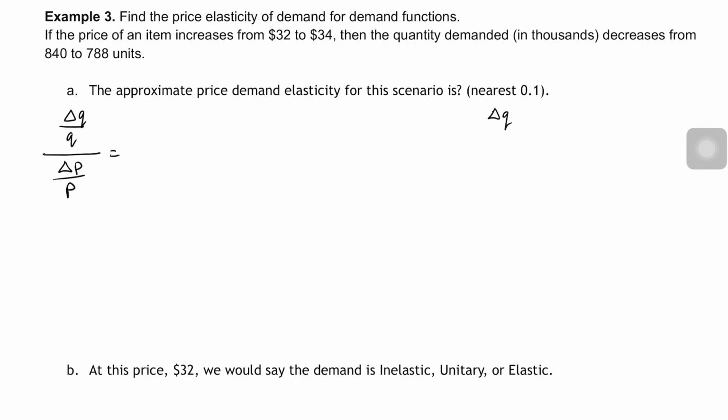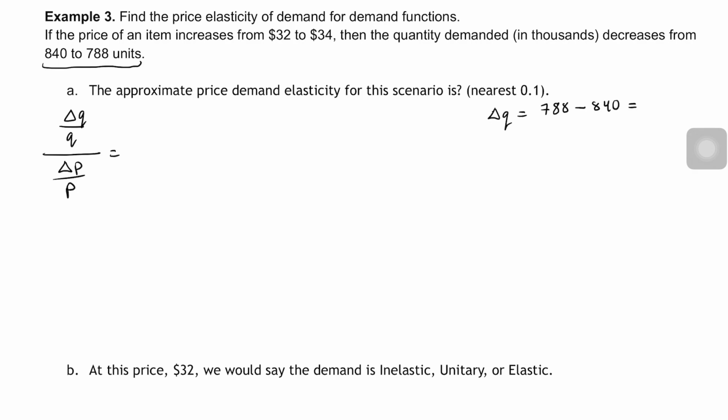What is dq? Well, dq is the change in quantity. The change in quantity can be found by using the decrease that we are given, right? So we have the new quantity, 788, minus the old quantity, 840.